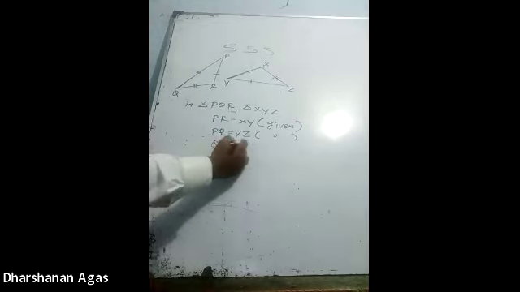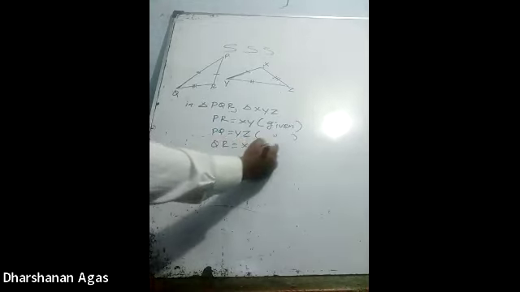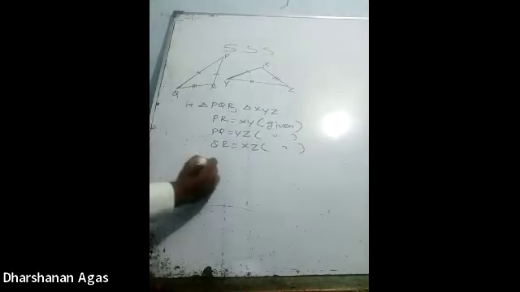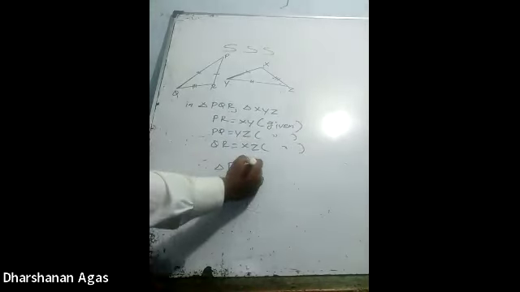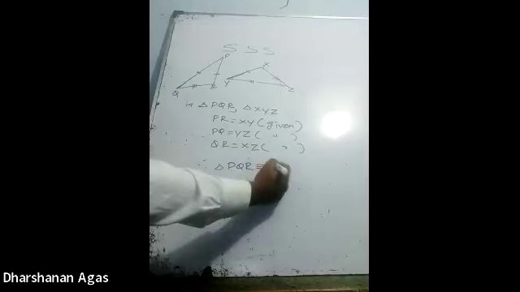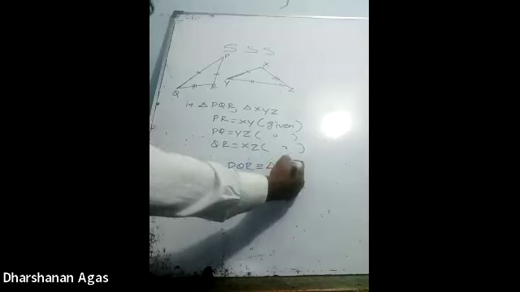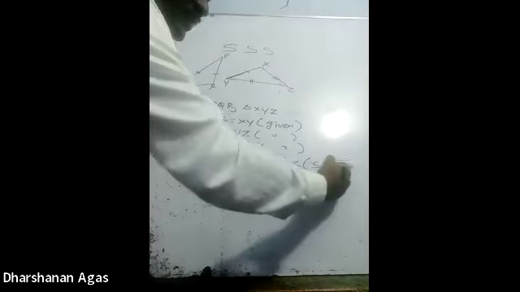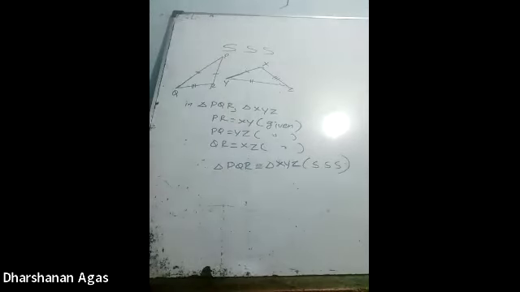QR equal to YZ, very simple this one, also given. Therefore, triangle PQR is congruent to triangle XYZ. What is the case? SSS. Side, side, side. Okay, students.